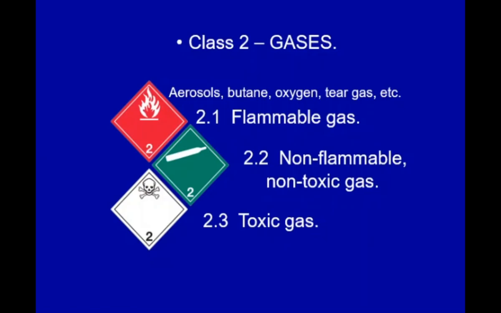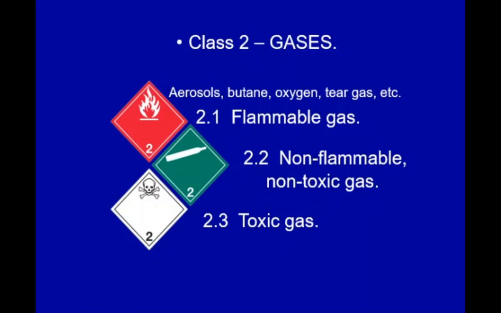And their labels are shown in this slide. The one on top is flammable gases, and you see 2 under. The non-flammable, non-toxic gases is the green, and the white with the bones at the top is toxic gases. You see this quite often around.